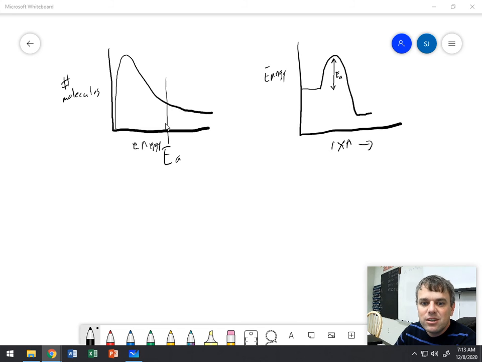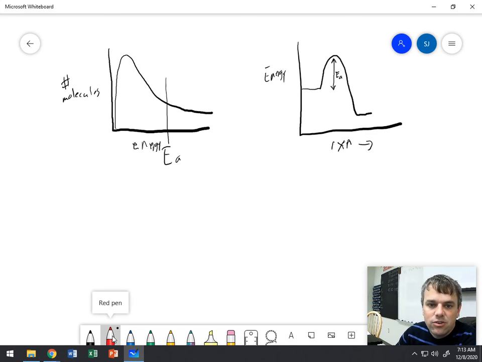And the activation energy barrier depends upon the temperature of the molecules, in other words, how much energy they have, because if you increase the temperature, then you're going to have more molecules that can overcome this activation energy barrier. And so the reaction happens faster.